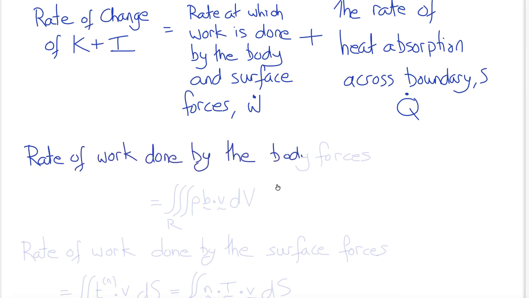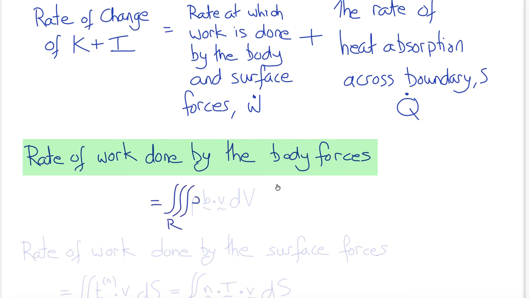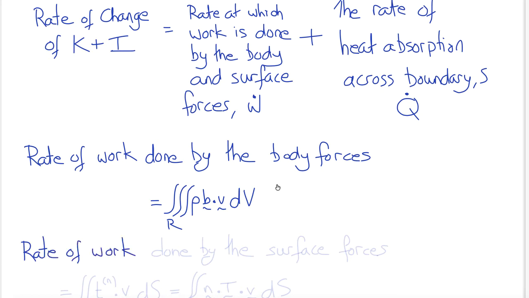So the rate of work done by the body forces is equal to the volume integral over R of rho times B dot V with respect to volume. So if force times displacement is work, then force times velocity is rate of work.